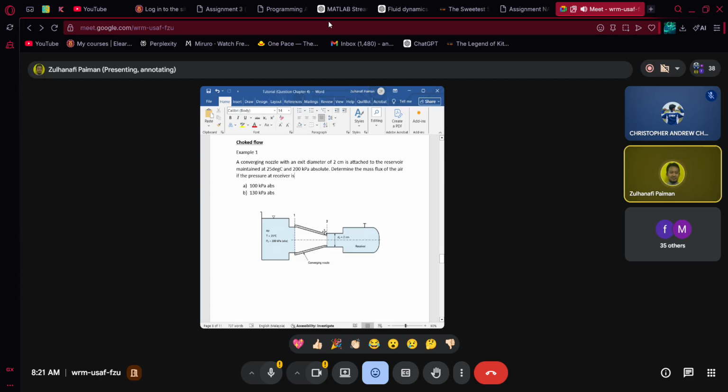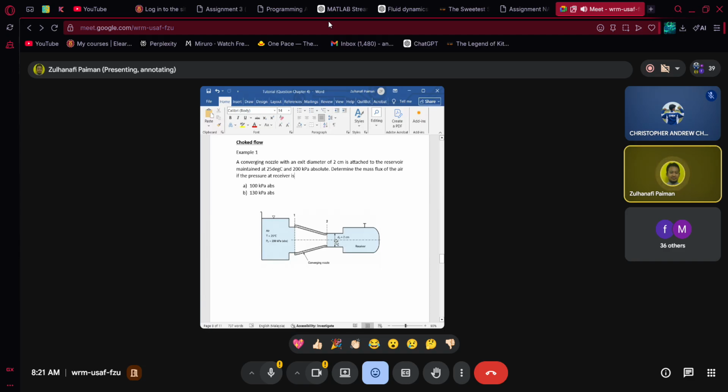When Mach number is equal to 1, the flow is choked, which means the mass flow rate is maximum. If you further reduce the pressure at the receiver, the Mach number will remain equal to 1 and the mass flow rate will not increase.